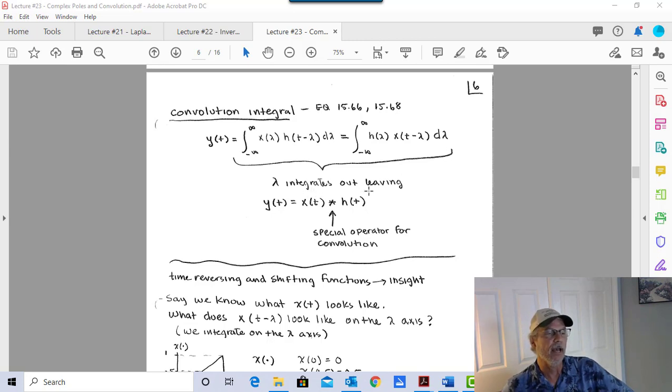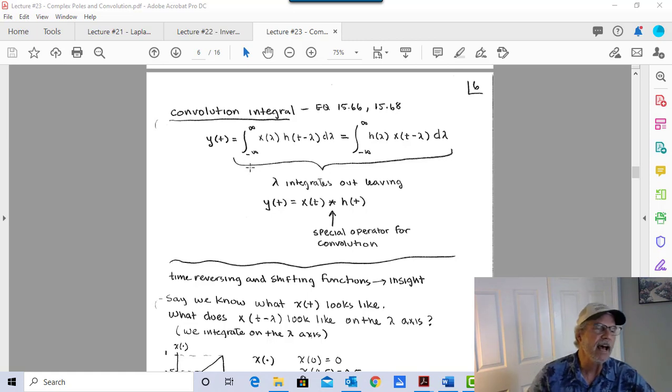Of course, lambda integrates out, leaving a function of time as the result, and we have a special operator here for convolution.